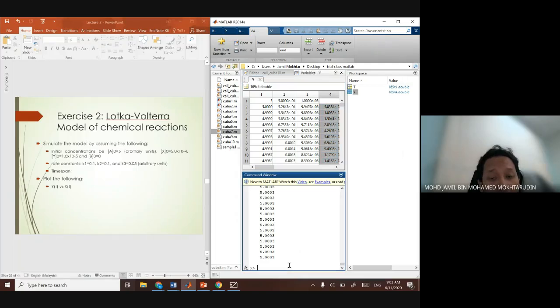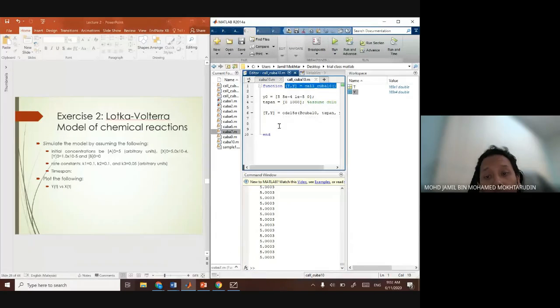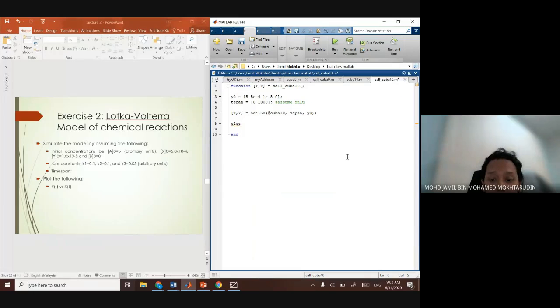So the question, okay, so maybe we can try plot each of the Y first, okay. So plot T versus Y1. So we put it blue color. And then T versus Y2. We put red color.